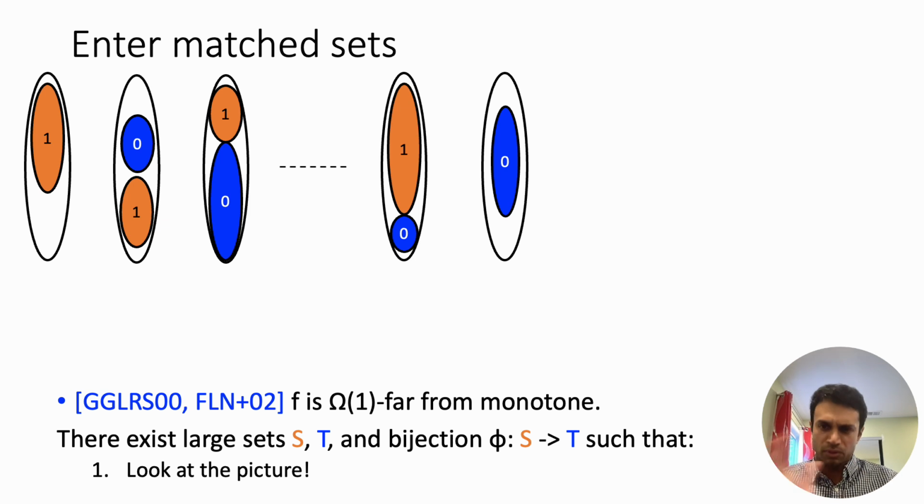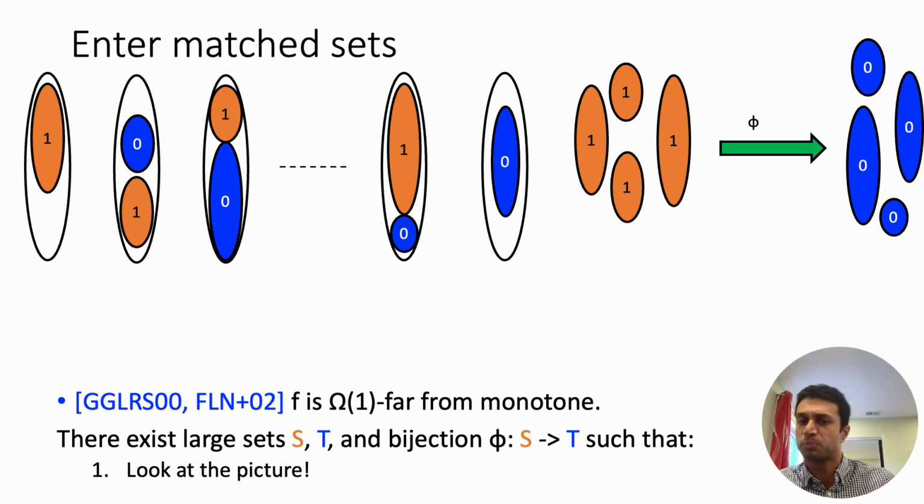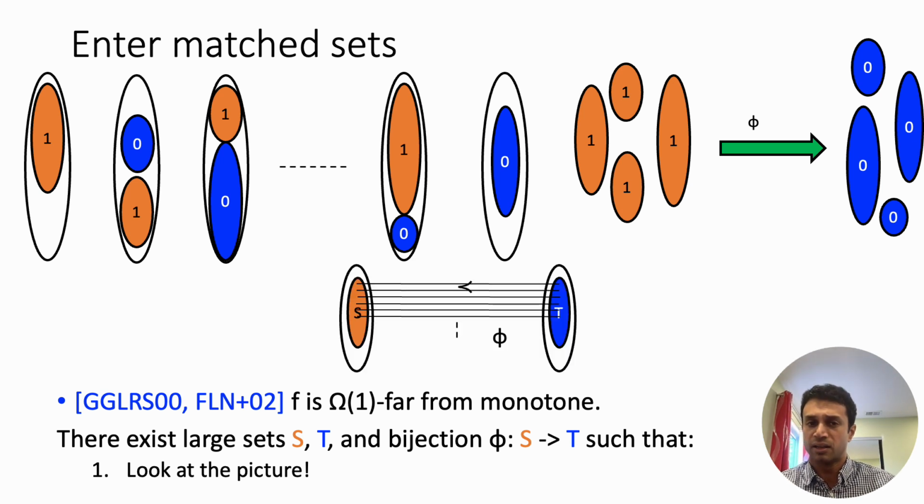So what is known in the literature of monotonicity testing is that if your f is epsilon far from monotone, or constant far from monotone, there exist large sets S and T, where S has value 1, T has value 0, and these are large, meaning that they're like a constant fraction of the Boolean hypercube, such that there exists a precedence matching or an ordered matching between S and T. So if you remember the Lehman-Ron setting, we also had an S and T, except S and T were level sets.